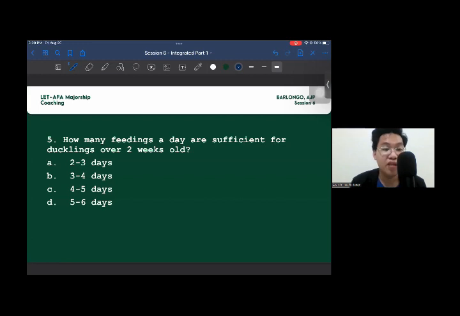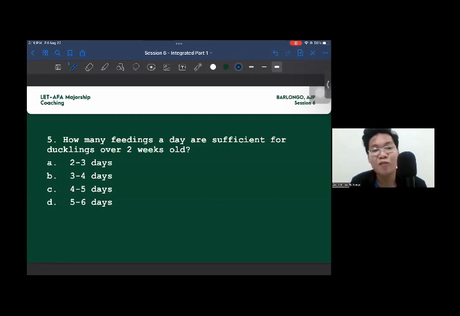How many feedings a day are sufficient for ducklings over 2 weeks old? Later I can send the guide on duck farming to our group chat, for you to review. Actually, if you have more time, I know that the LET exam is near.